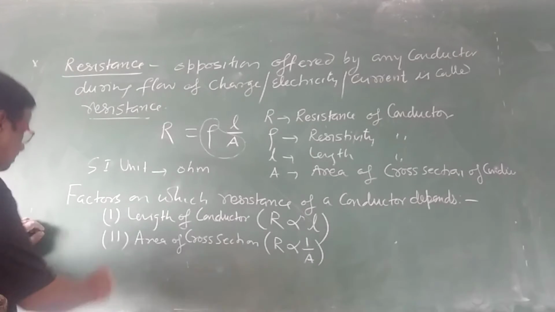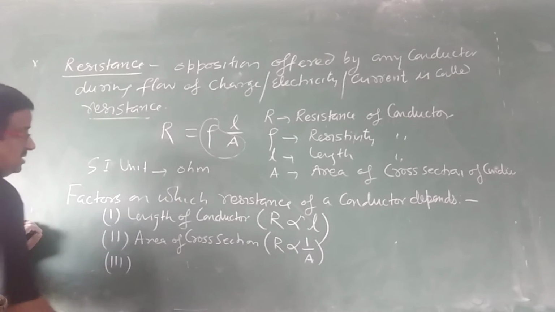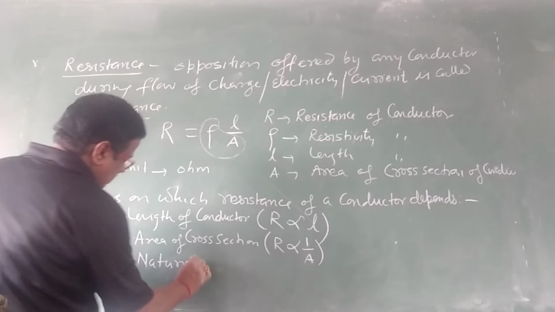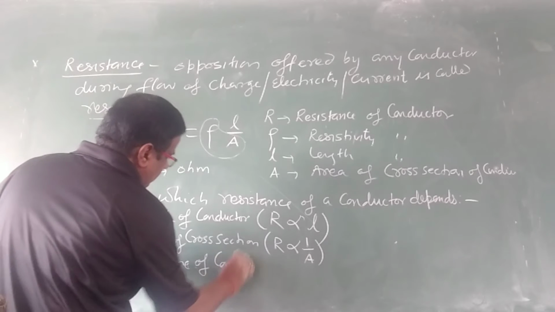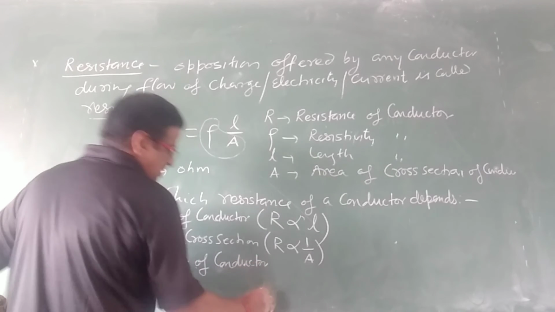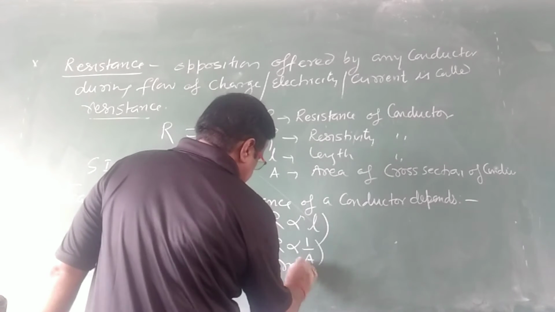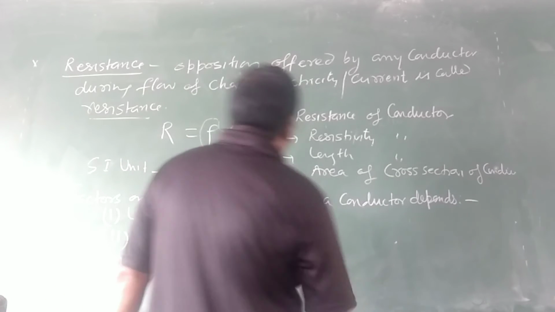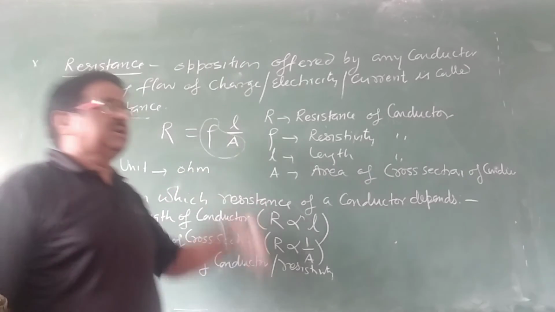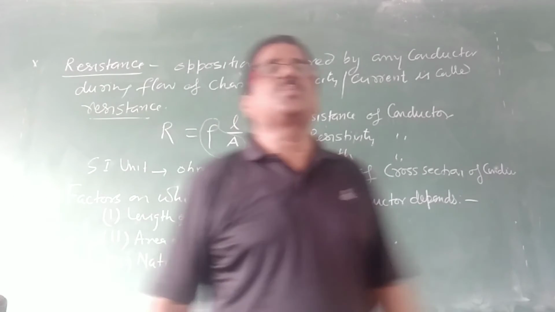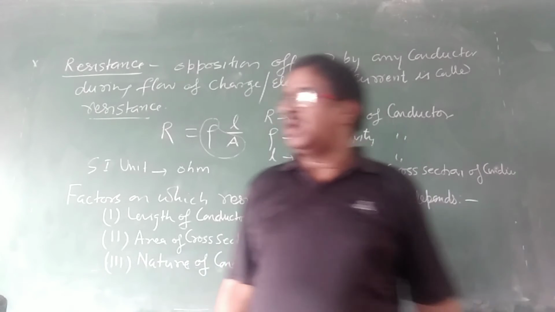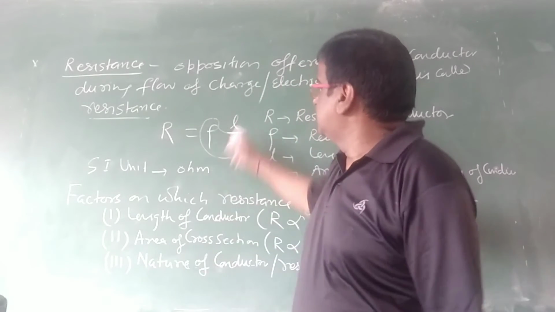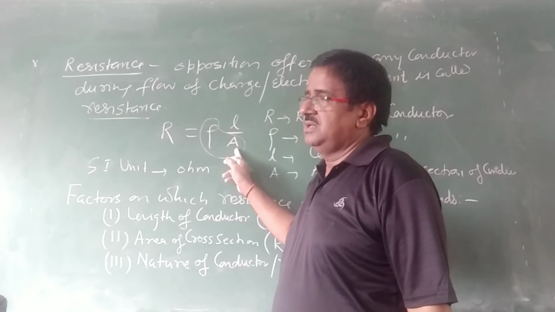less. Now number 3 is nature of conductor, means resistivity. What will happen if we compare the resistance of copper with aluminum or copper with silver of the same length and same area of cross section?